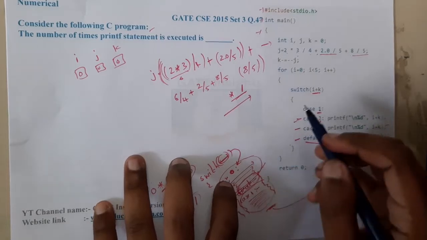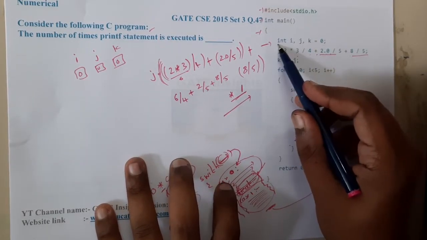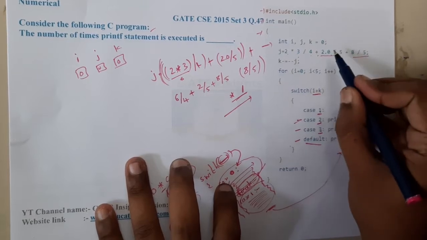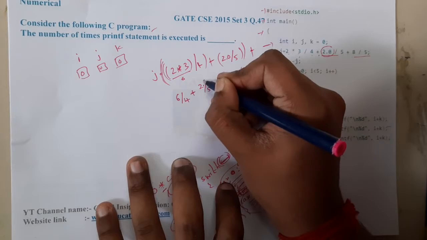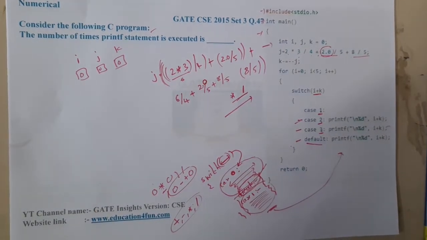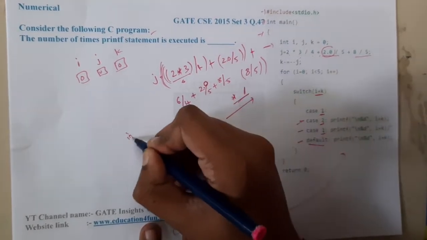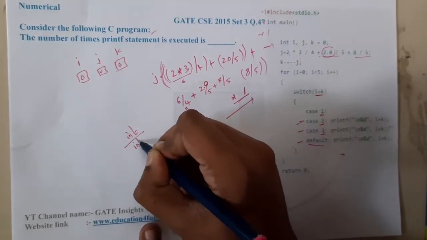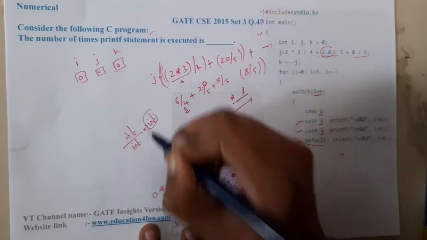The thing you should observe is that i, j and k are all integer type, and he separately mentioned 2.0 for this particular value. Is there any particular reason? Yes, the reason is, when you are dividing two integer values, you should remember this guys: you always accept the result which is integer only.